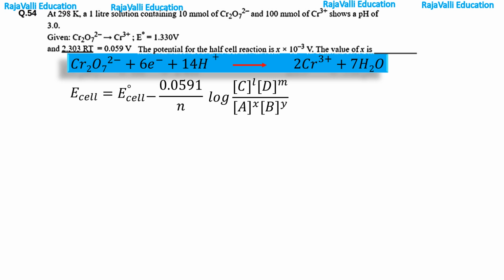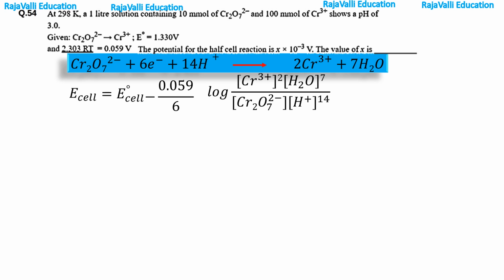Here we have to change this Nernst equation according to our balanced equation. So we get: E cell equal to E naught cell minus 0.059 divided by 6, where n is equal to 6, that is, the number of electrons involved in this reaction is 6.